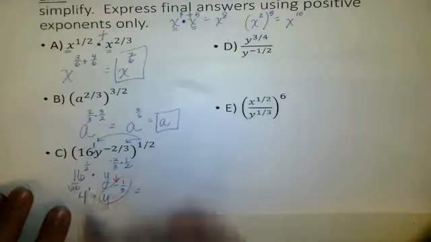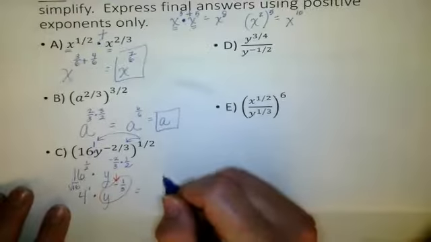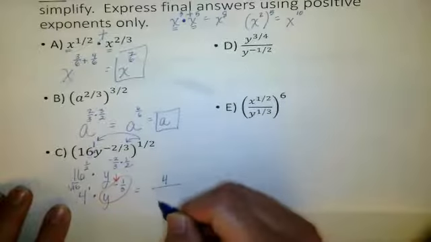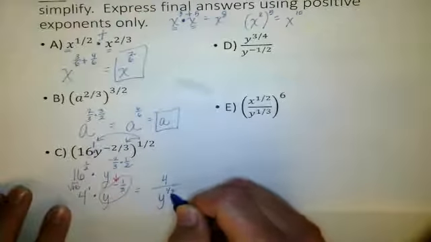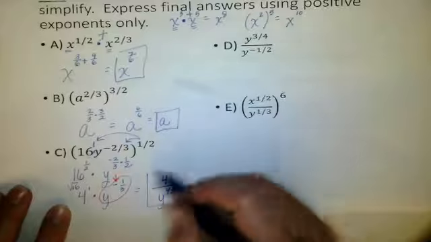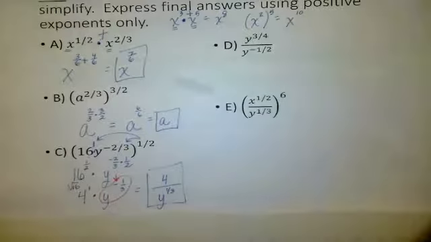In fact, it has its own little exponent of 1, so 4 to the first is perfectly happy. So 4 is going to stay on top, and then y to the 1/3 goes underneath. And we can leave it just like that today.